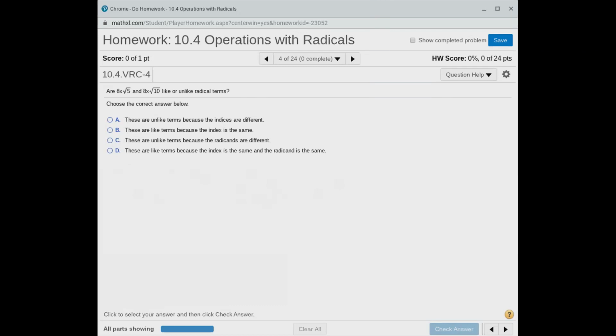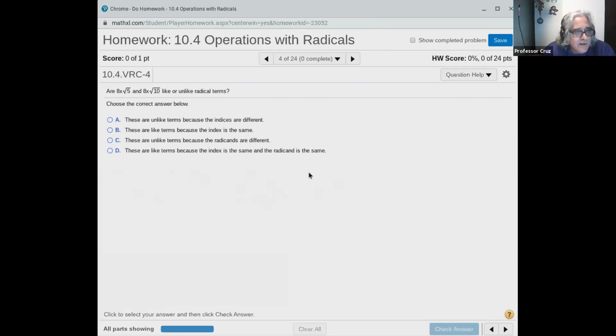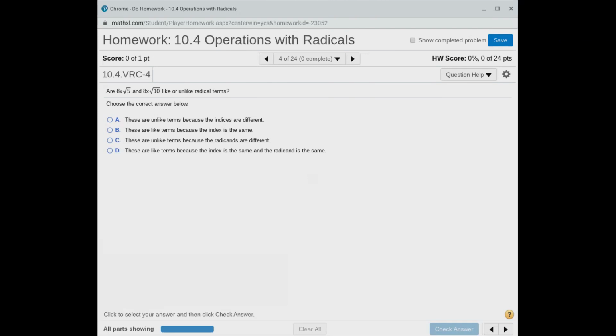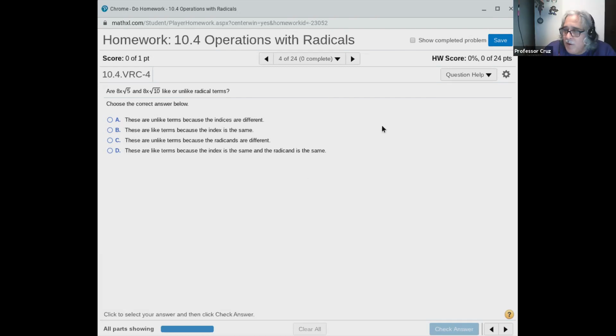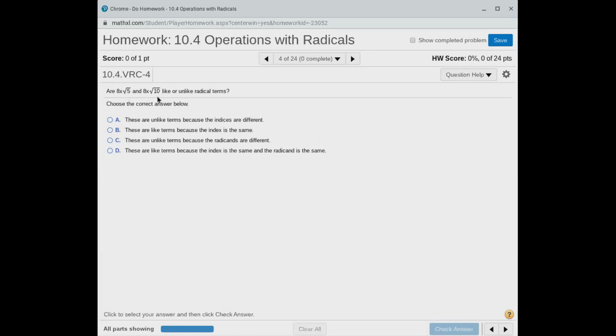I mean, if we multiply 2 times 5, then what is the like radical? You should be able to tell me that if they're both alike. Which one is alike? Square root of 5 or square root of 10? Are those both square root of 5? I'm confused.